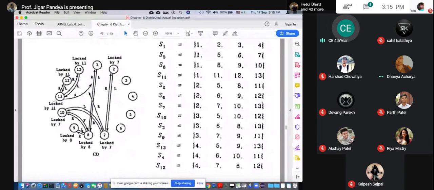Students, can you confirm that site 11 is waiting? Have you understood that part? Number 1 gave acknowledgement to site number 11, one person, right? So 11 is waiting, okay? Fine, it is waiting. Let's see who else is waiting.